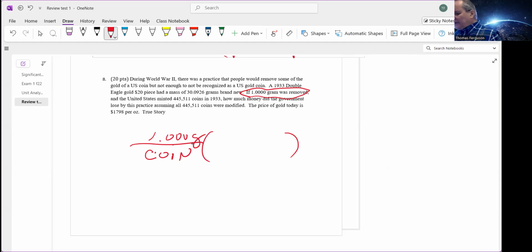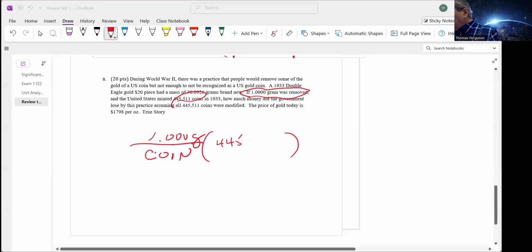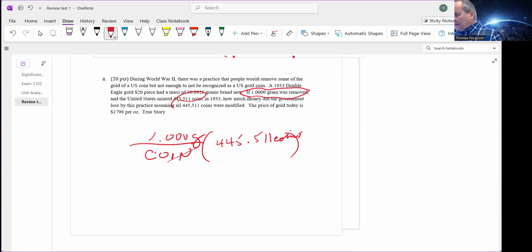And how many coins were minted? Okay, so this will give us how many grams of gold.